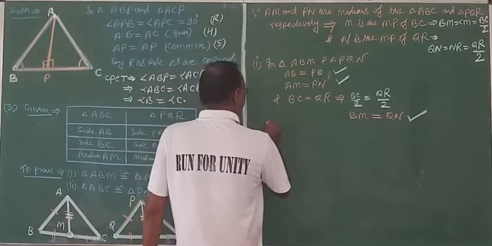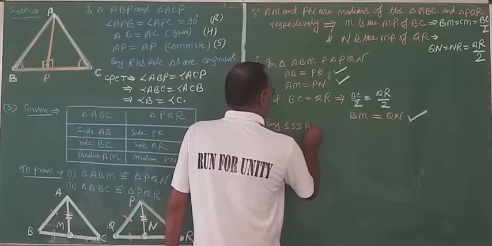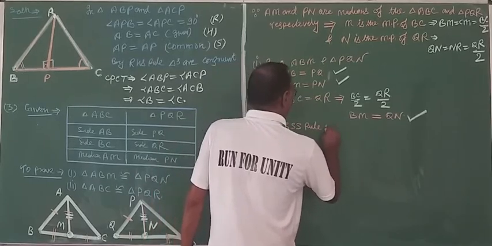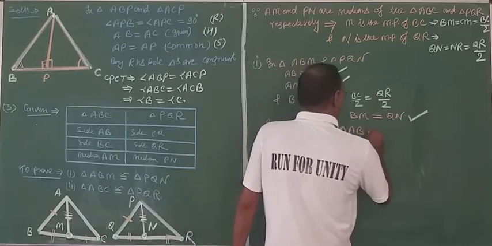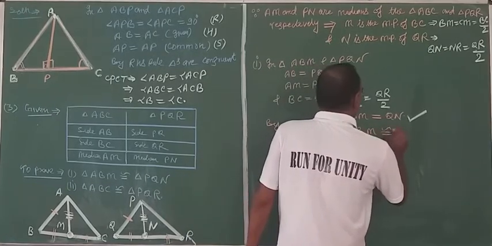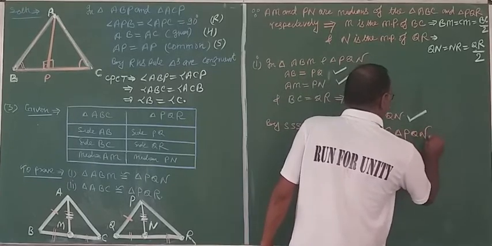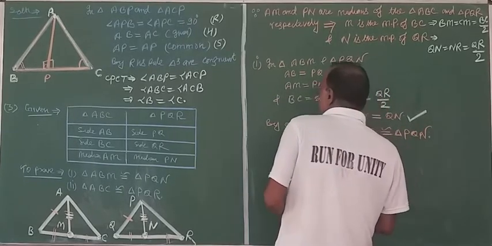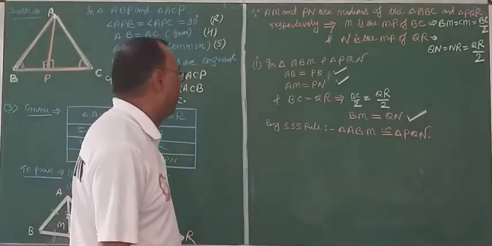So by which rule? SSS rule of congruency, triangle ABM will be congruent to triangle PQN. Is it okay there?